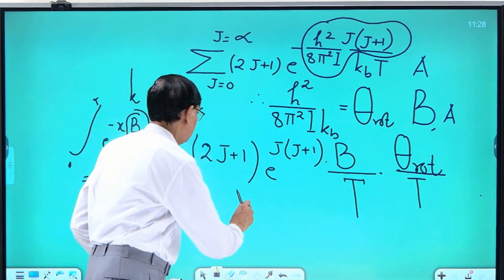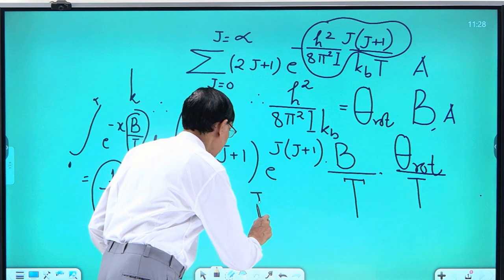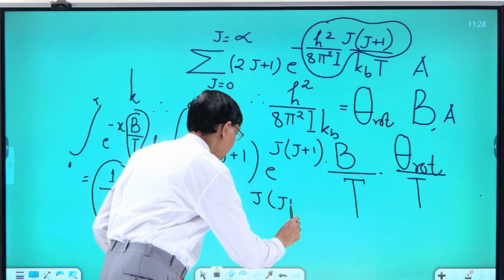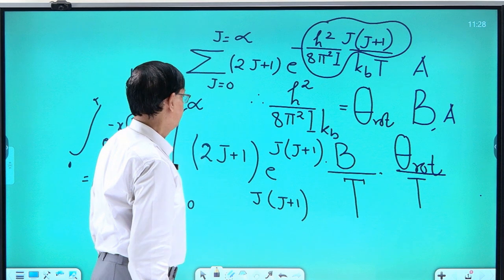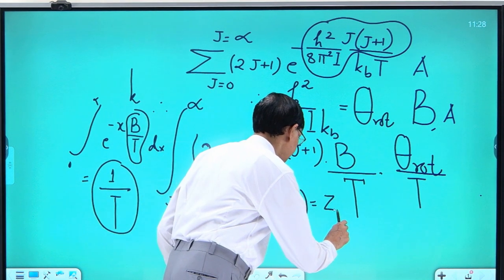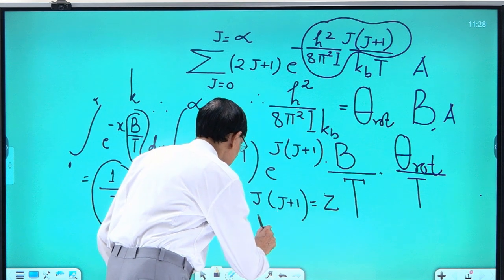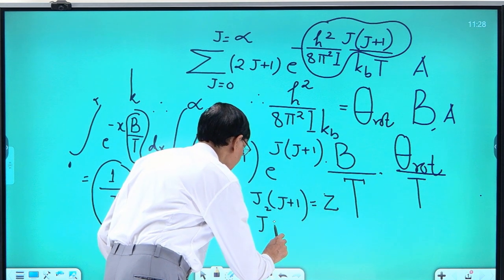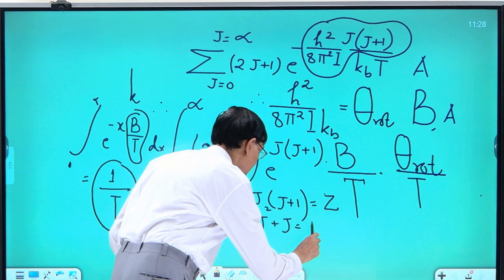Now, suppose this j into j plus 1 is equal to z, small z, that is actually j square plus j is equal to z.